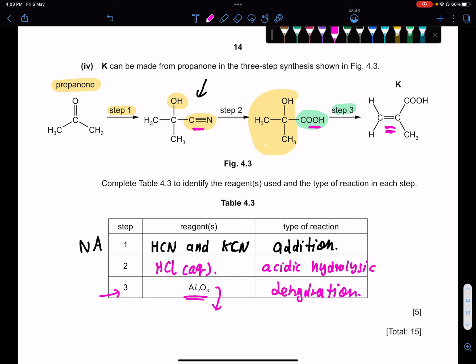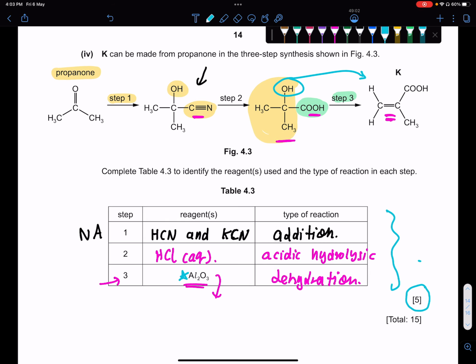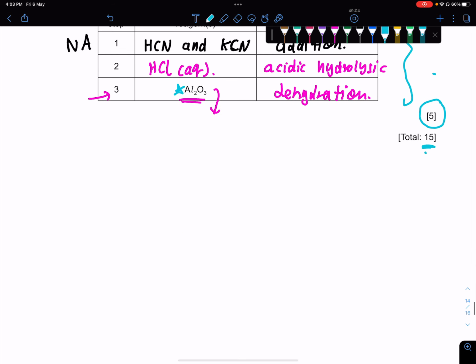Everything has remained the same, but the OH group is not there. It's a dehydration reaction, and this is a typical dehydrating agent. I hope you get the point. This is worth 5 marks and you can score full marks. These are easy marks, not hard at all. So this is 15 marks.